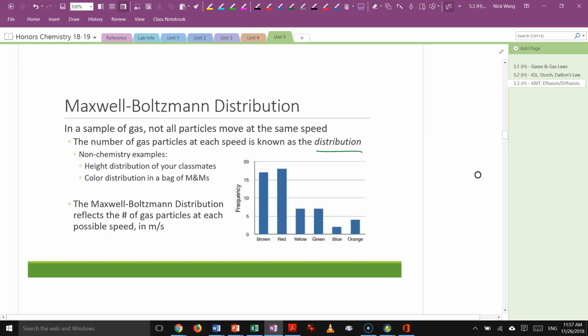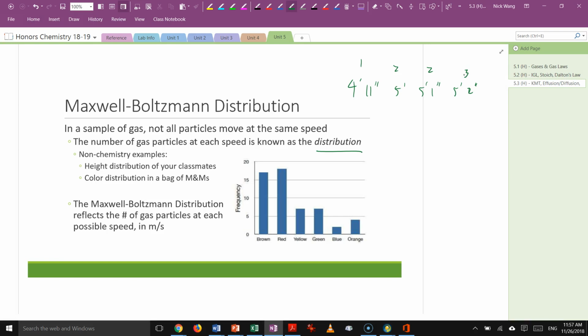You might have some that are 4 foot 11, and some that are 5 foot exactly, 5 foot 1, 5 foot 2, and so forth. You just go through and count how many you have at each height. Maybe 1, maybe 2, maybe 3 people. So the distribution, as you go through all the heights, shows you how many people there are of each height.